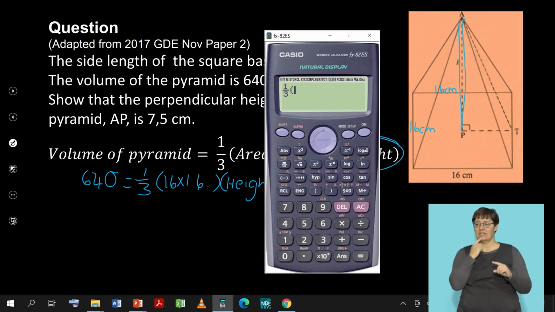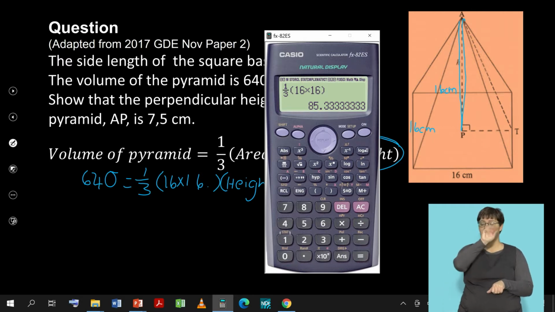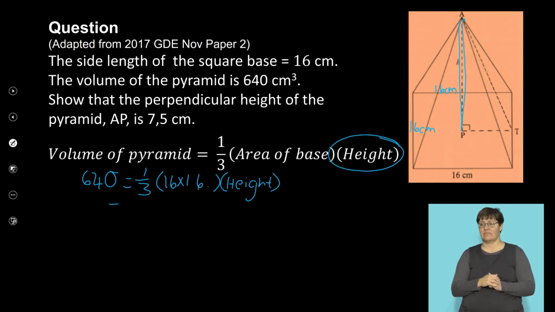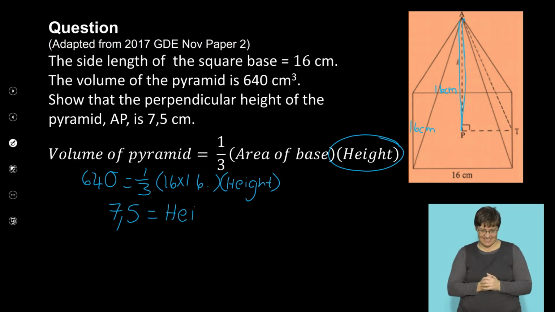So 1/3 times 16 times 16 is going to give me 85,3 recurring, but I know I have to divide 640 by that in order to get my height. So I'm going to say 640 divided by my previous answer gives me 7,5. So 7,5 is my perpendicular height, which was the goal that I had at the beginning.